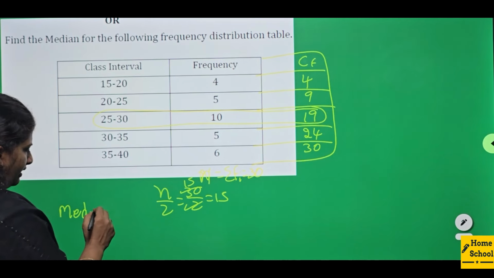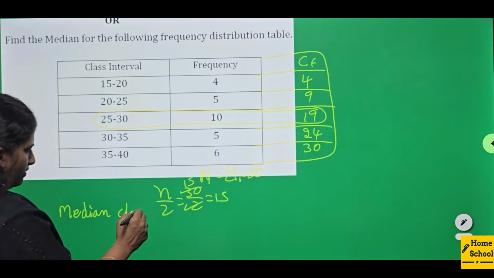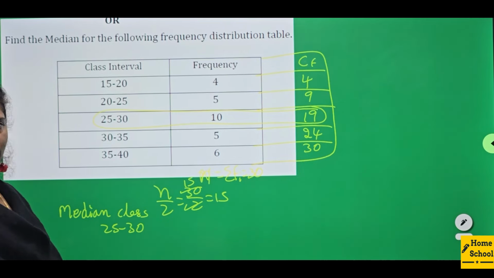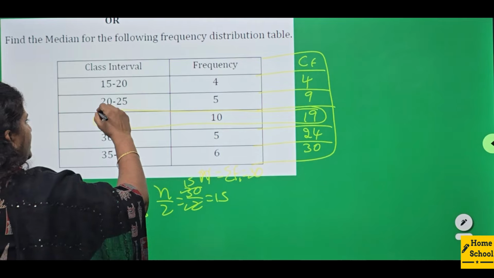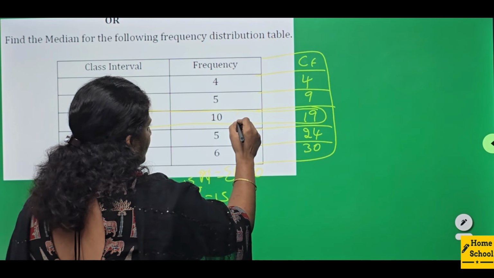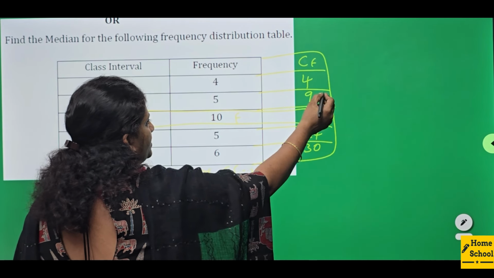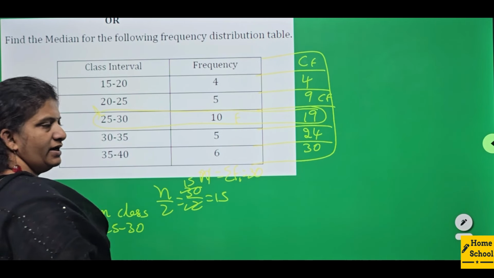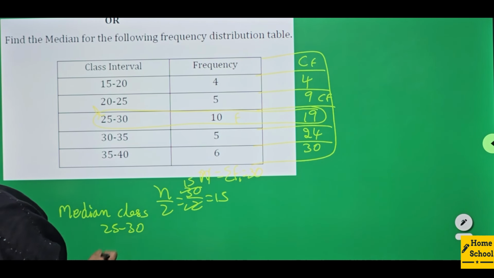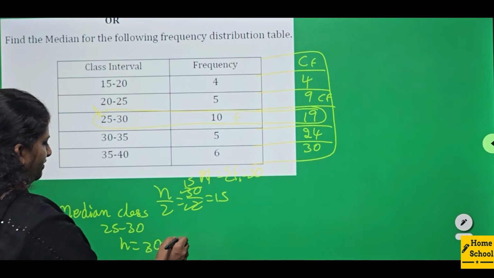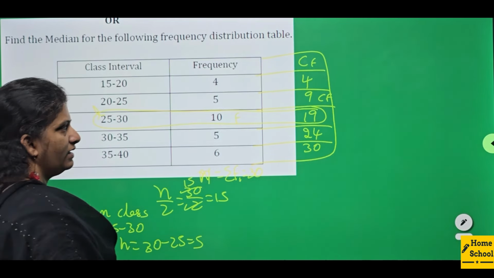What is the median class? Median class is 25 to 30. Now this one is the lower limit and this is the frequency. This is cumulative frequency. Above the median class we need to take CF. And h is the class size. h is equal to 30 minus 25, that will be 5.